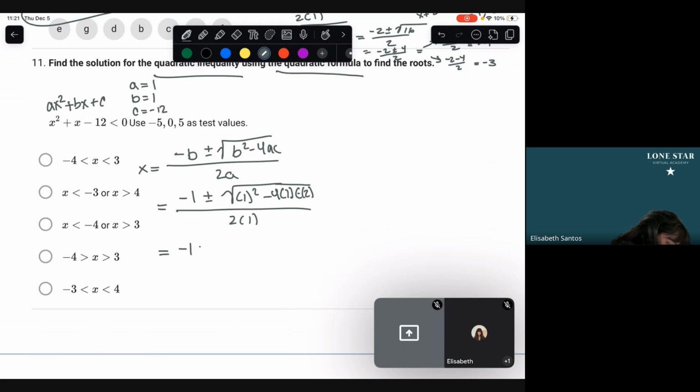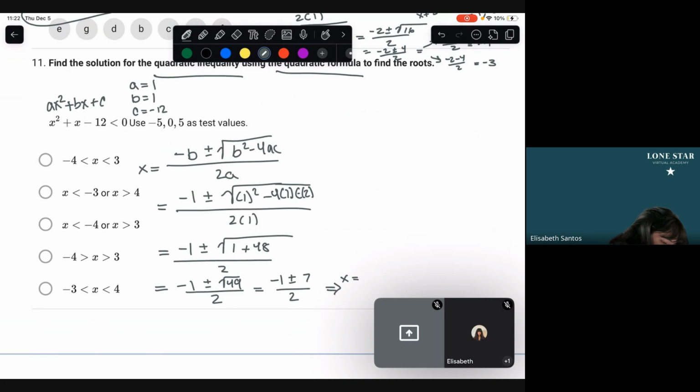That's negative 1 plus or minus the square root of 1 plus 48, which is negative 1 plus or minus the square root of 49 divided by 2, which is negative 1 plus or minus 7 divided by 2, which we're going to get two answers. x equals, I believe it's negative 4, and x equals 3.